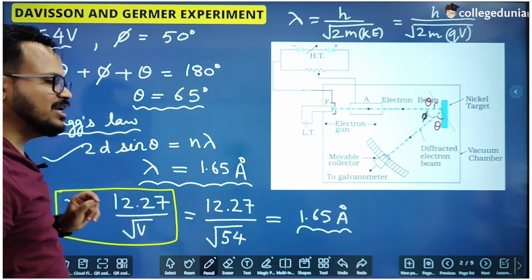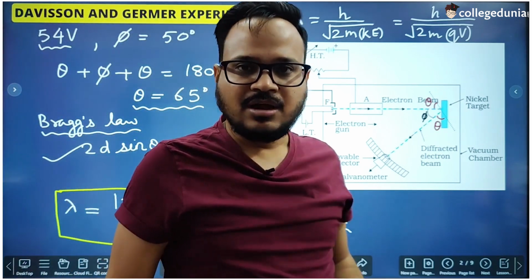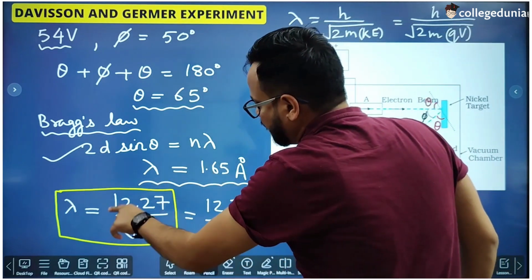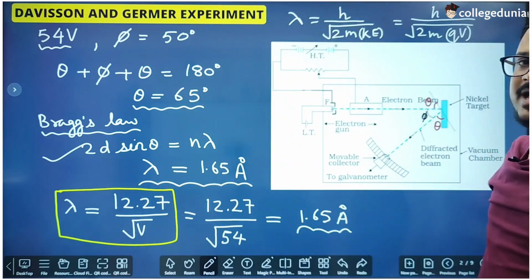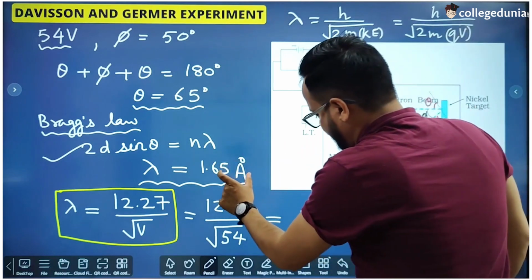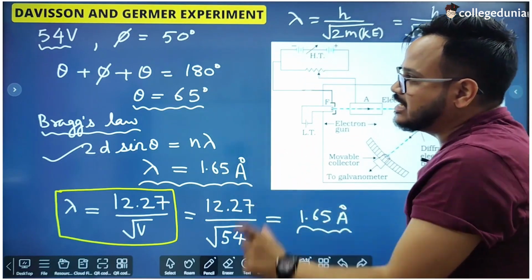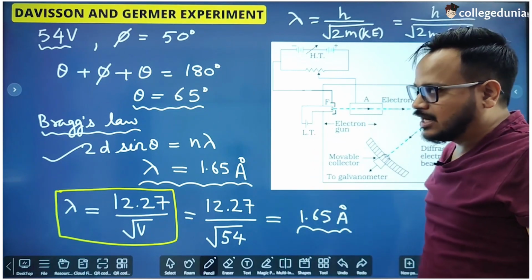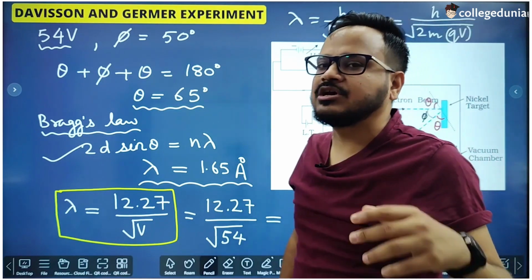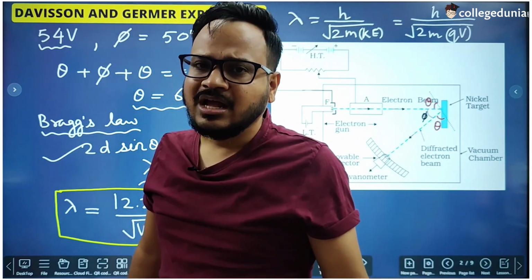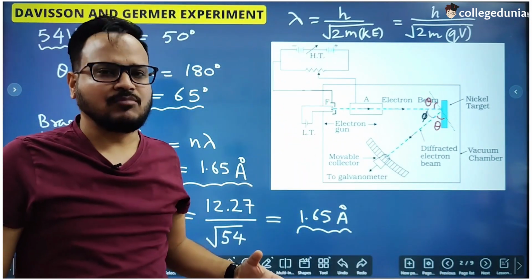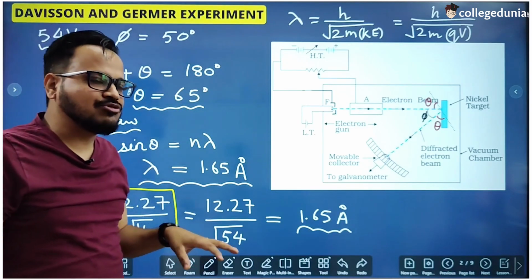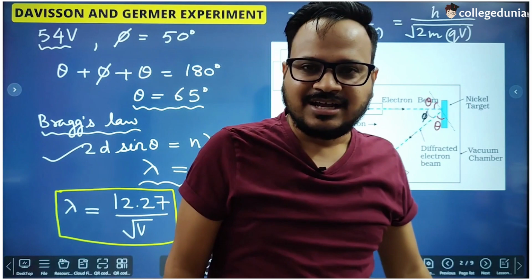The Bragg formula is typically used only for waves, but using that formula also we are getting the same wavelength which we get from de Broglie's equation. So this data proved that de Broglie was right, and there is a wave nature associated with electrons. If wave nature is associated with electrons, then obviously it is applicable to every other moving body also, right? So this confirmed that a wave nature is associated with a moving particle.